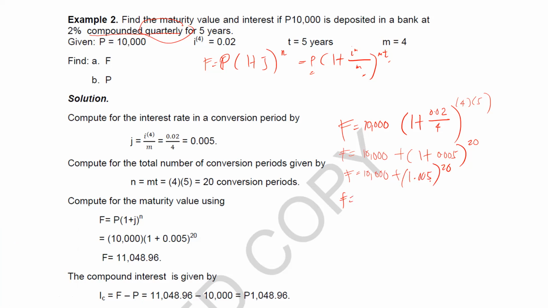Now, this one we will compute. Since it has an exponent, we use the calculator. We could compute it manually, but it will take so much time. So input directly in the calculator. For example, 1.005 raised to 20, then press equals, then multiply by 10,000, then equals. Then round off.